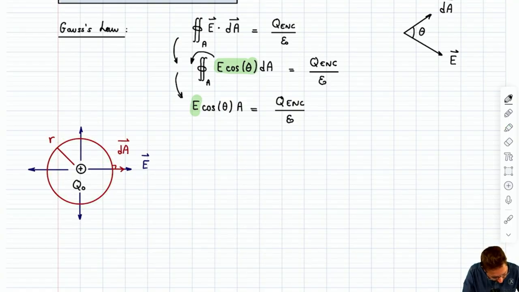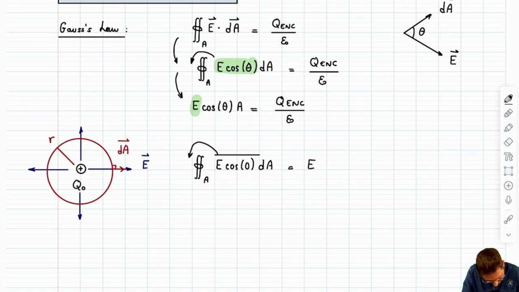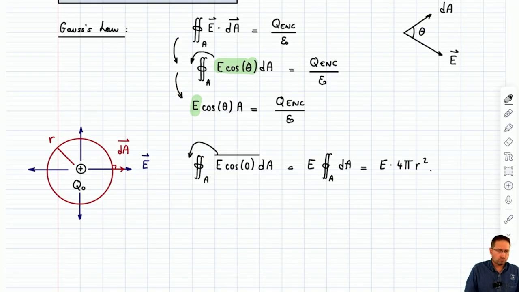So indeed, I can do the following. I can say that the electric flux through my Gaussian sphere, which is E, in this case cosine 0 dA, is simply going to be equal to E cosine 0, which is 1, so E, multiplied by dA integrated over the sphere, so that's just going to be the surface area of the sphere, which is 4 pi r squared.